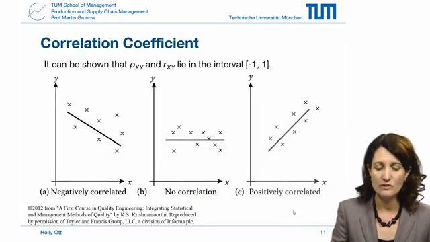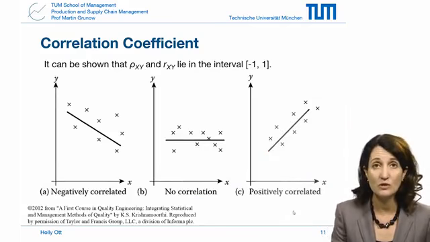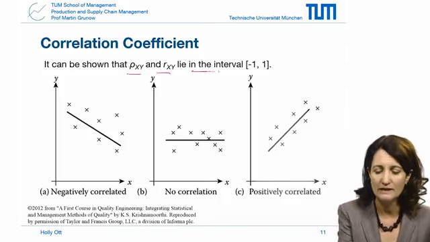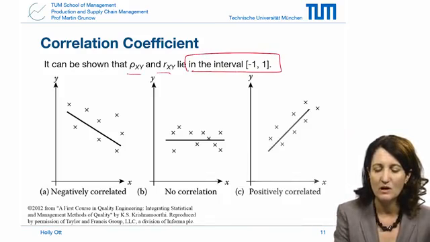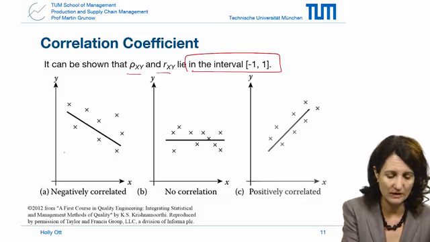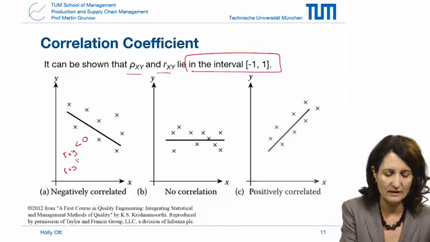So it can be shown that the correlation coefficient, both the rho xy and the empirical rxy, lie in the interval -1 to 1. What this means is if it's negatively correlated, rxy will be less than 0, so rxy lies between -1 and 0.